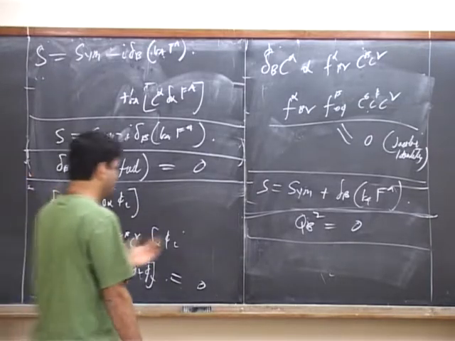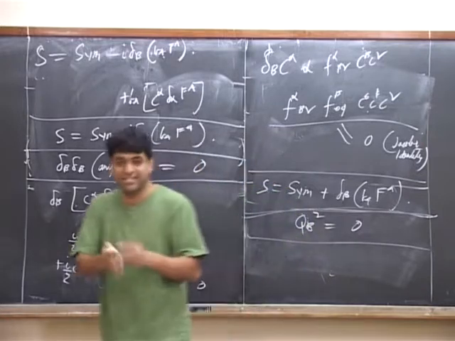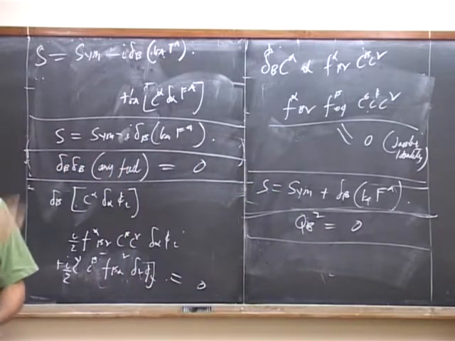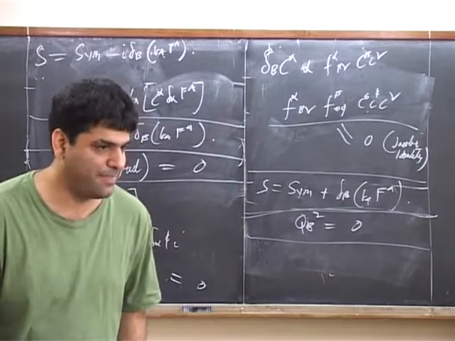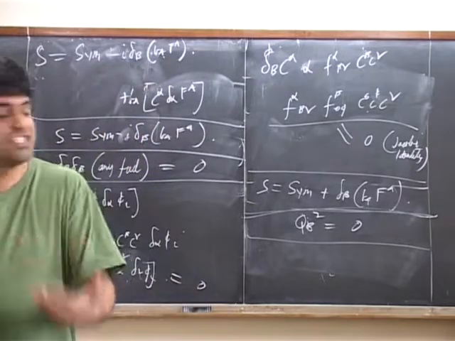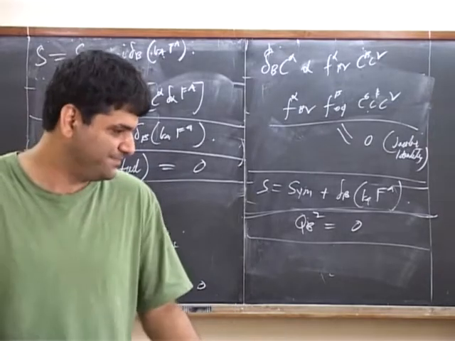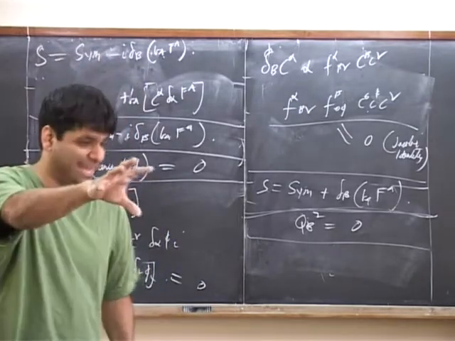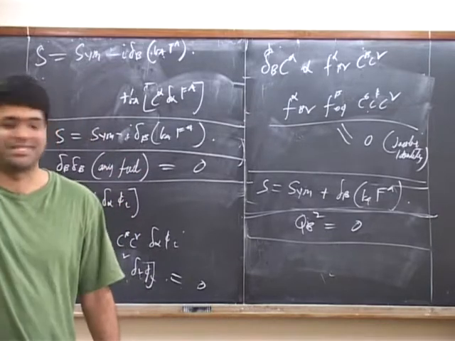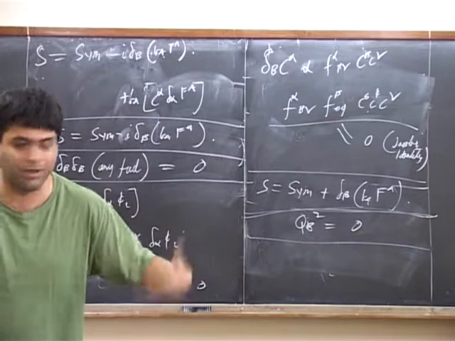Because of that, the C field and these B fields are real fields. So the BRST charge itself is a real symmetry. Complex conjugated, you get the same thing. For instance, look at the transformation of phi. Phi is C times delta phi. You complex conjugate, both things go back to themselves.